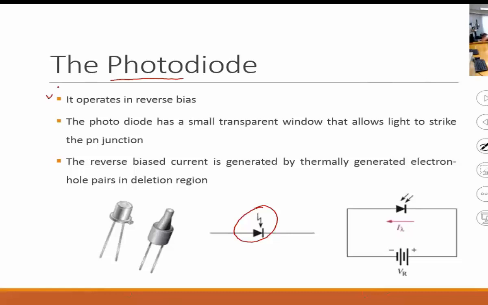Again, it is designed to operate under reverse bias condition. Usually these diodes have a transparent window on the top where the light can shine onto the material. So these are like solar cells. When light strikes and you are under reverse bias, current will be generated through the circuit, depending upon the source that we are using.